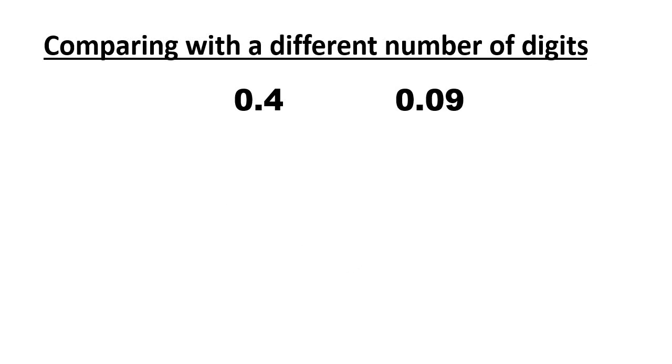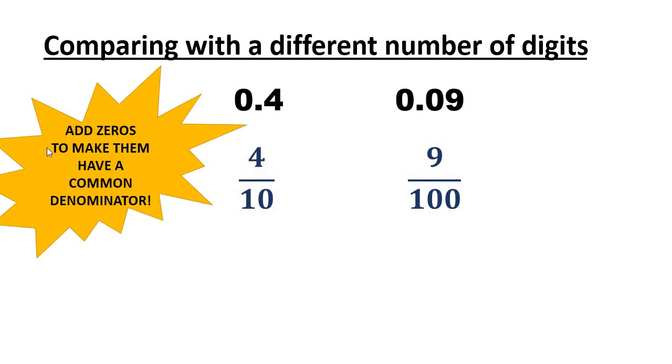Now I'm comparing 4/10 to 9 hundredths. And this is a little harder to think about because this is divided into 10 pieces and this is divided into 100. So we're going to use our 0 trick here. We just said that you can add zeros to the end of a number and it doesn't change what that decimal is actually worth. So we're going to take these and add zeros to make a common denominator.